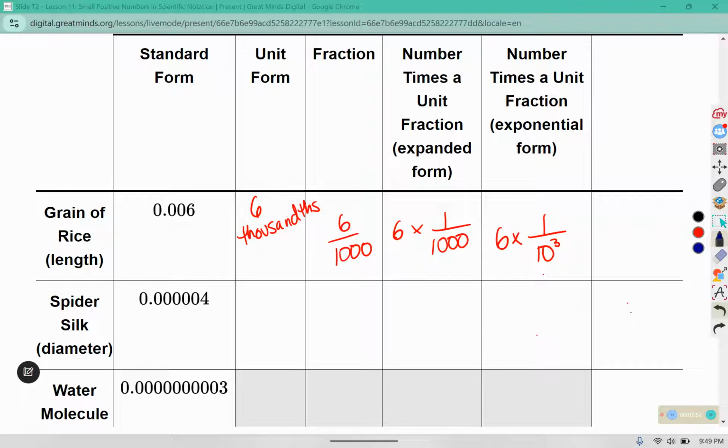Down here, this would be tenths, hundredths, thousandths, 10,000ths, 100,000ths, millionths. Which would be 4 over a million.